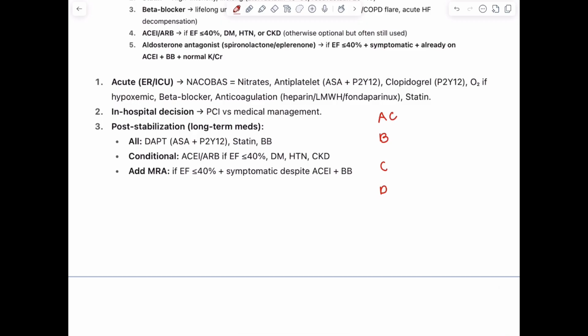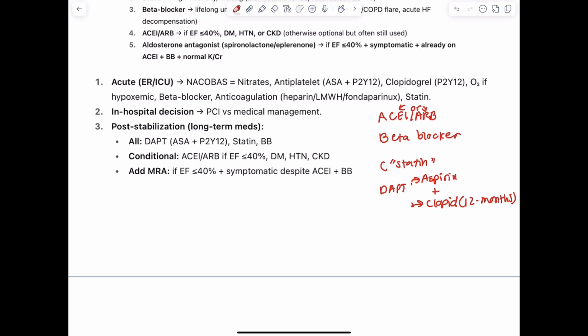A is ACE inhibitor, or, this is an or, B, beta blocker. C for statin, and D for DAPT. And what is DAPT? We said again, it's aspirin plus clopidogrel. And this, you only continue for 12 months and then you stop. But everything else is for life, okay?